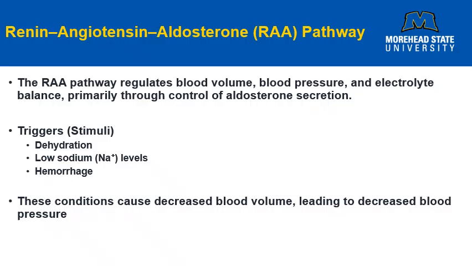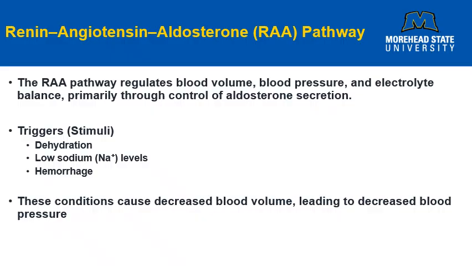Now that RAA pathway, okay, so like I said, it's there to help regulate blood volume, the pressure, all the electrolytes, keeping those guys balanced, and it's all by that aldosterone secretion. All right, so we talked about triggers to stimuli: your dehydration, right?